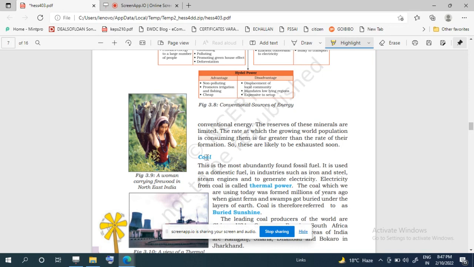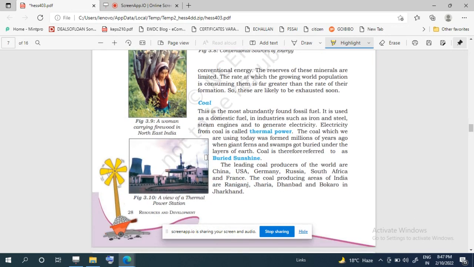Now we will see all the fossil fuels separately. First is coal. Coal is a very abundantly found fossil fuel. In earlier times, it was the only source of fuel used by the people, as domestic fuel as well as in industries like iron and steel, then steam engines, and it was also used to generate electricity.